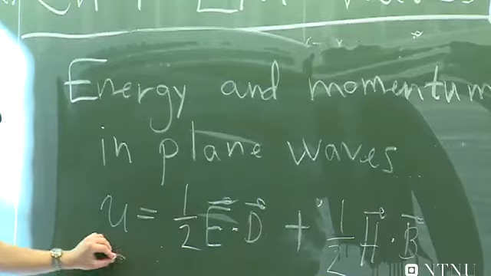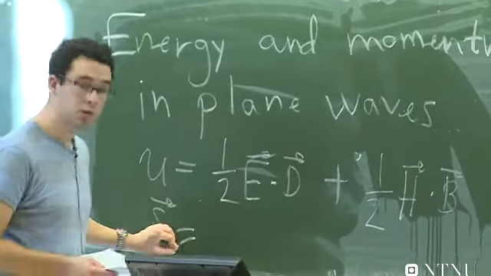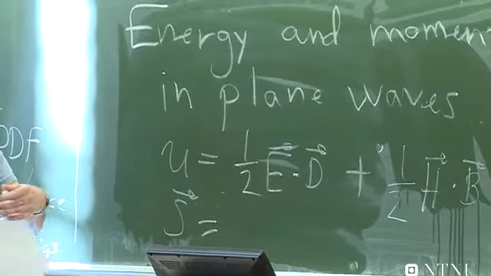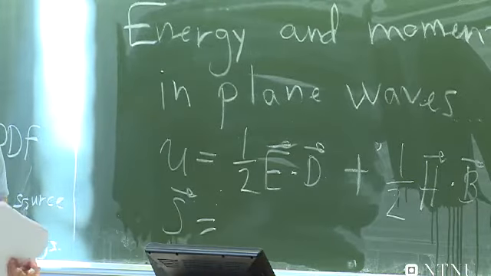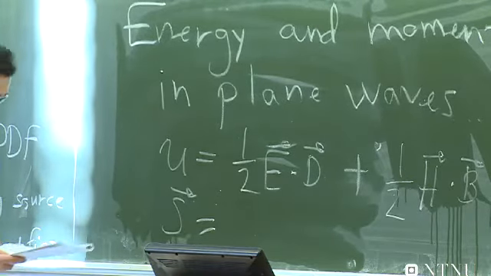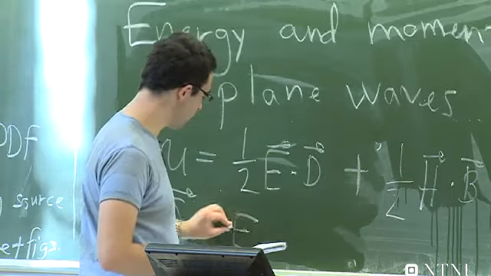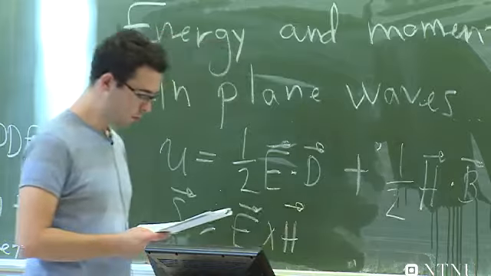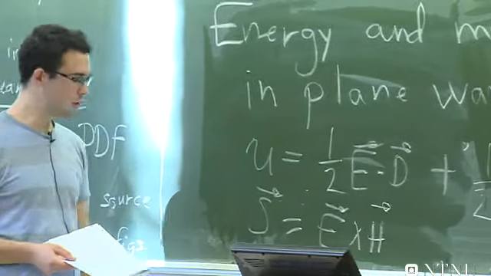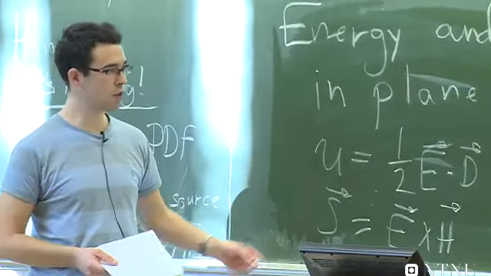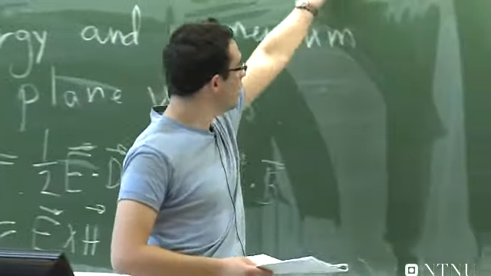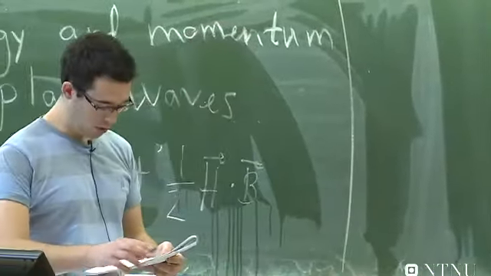And also we showed that S, the Poynting vector, which is the energy transport through a unit area during a unit time, is equal to E cross H. And note that these were defined assuming that the fields are real. But now we were working with the complex fields, which behave somewhat differently.